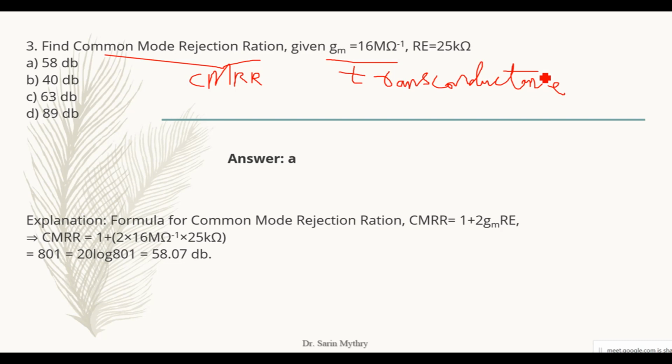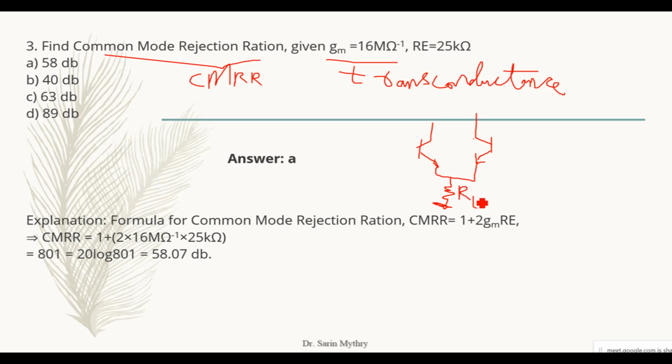emitter resistance which is connected here down. I hope you know the diagram, how the diagram will be here. If these are my two transistors which are connected like this, then definitely these two emitters are connected like this over here, and ultimately you will have one resistor which is connected to the ground terminal, and this is called your Re, and the value of Re is given to us.